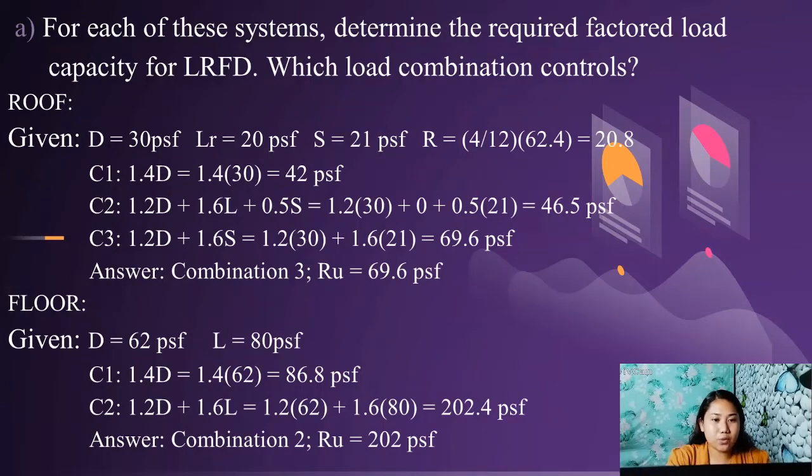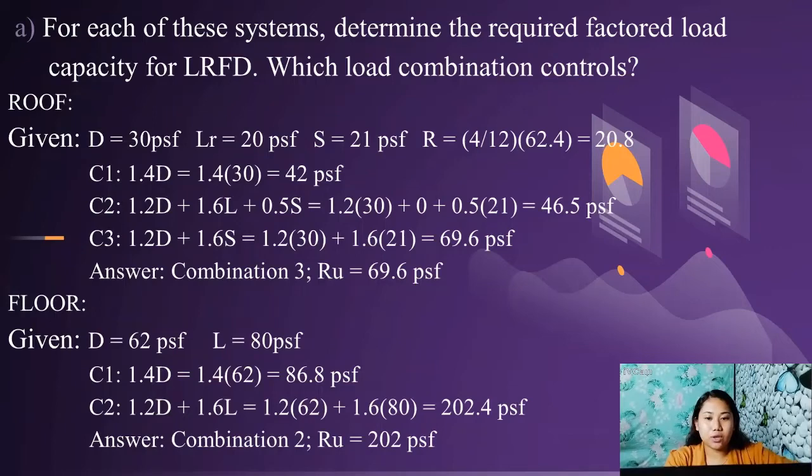S is 21 pounds per square foot. Then R is rain, 4 inches of water. Then we convert the inches into feet, 4/12. Water is 62.4. So our R is 20.8.